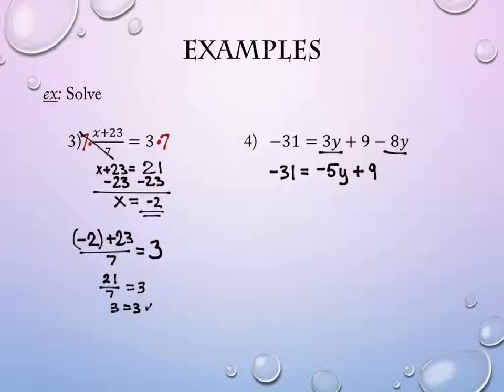Now the problem looks just like we did in the last lesson. What would I do next? Yeah, I would subtract the 9, moving from the outside in. So what is -31 minus 9? That's -40, right? Because they're both negative signs. Equals -5y.